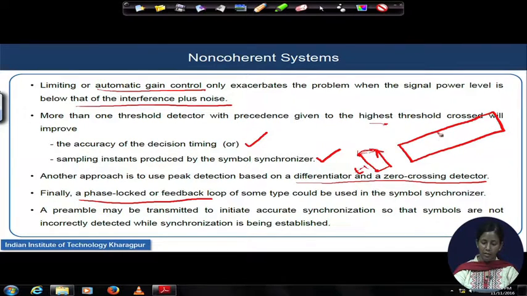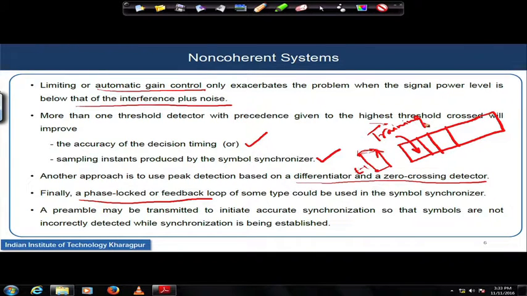If this is a packet and this is a preamble, we send some known training sequence inside that preamble to help the receiver in the synchronization process, because the receiver will then have knowledge of the replica of the sequence that is expected to come. We call it training based synchronization.